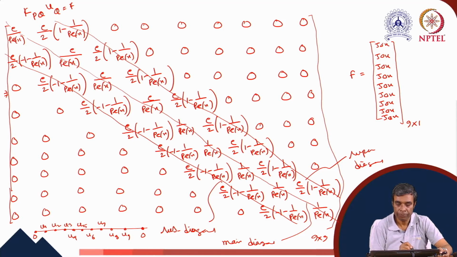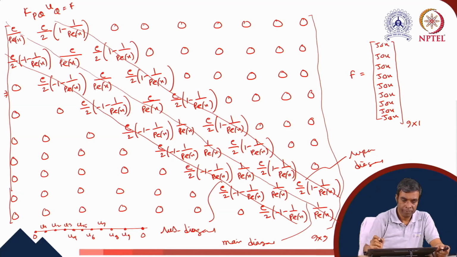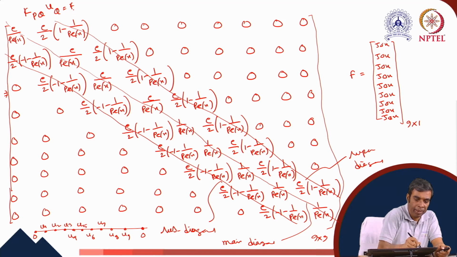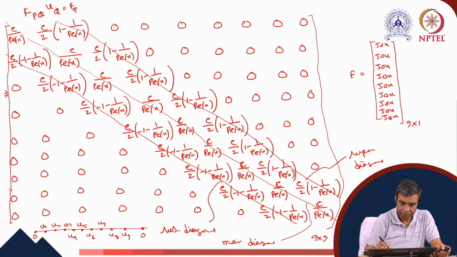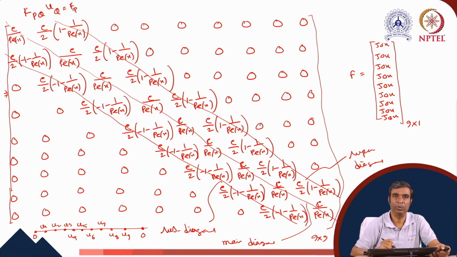Now we have two different values of the Peclet numbers. This is FP. Here in the diagonal it is C by PEX for all the terms. In the subdiagonal terms, sometimes the brackets are missing, so all the brackets are included now.